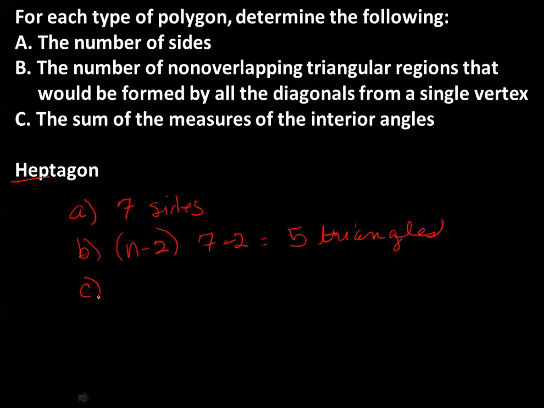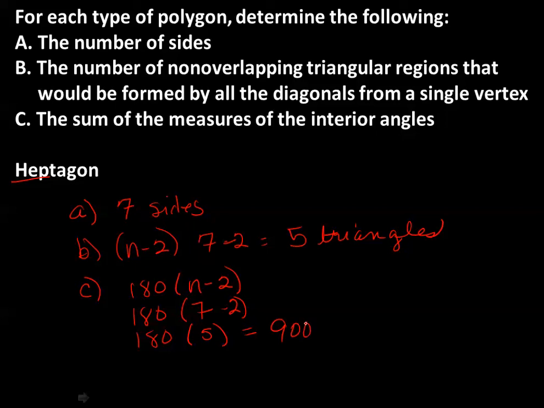And then C says, what's the sum of the measures of the interior angles? I'm going to have 180 times n minus 2. N is 7, so I have 180 times 5. So 180 times 5 gives me 900. 900 degrees is the sum of the interior angles of a heptagon.